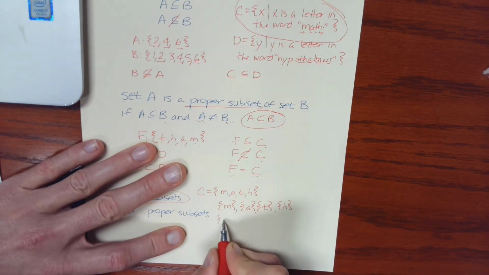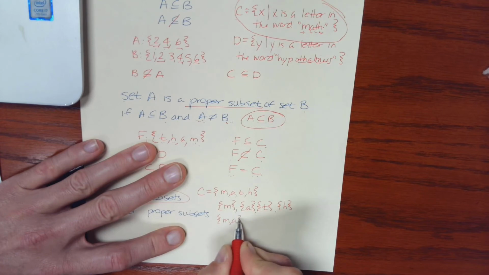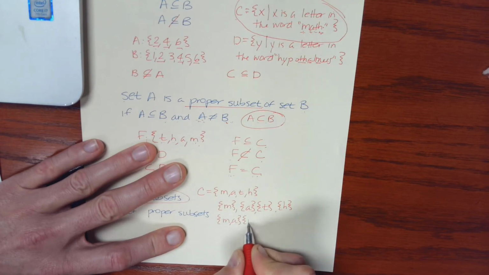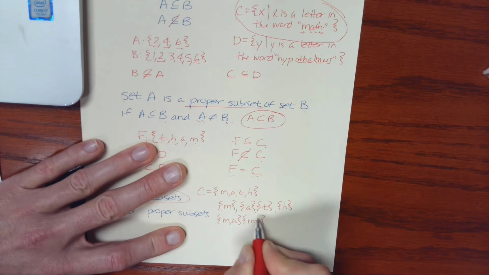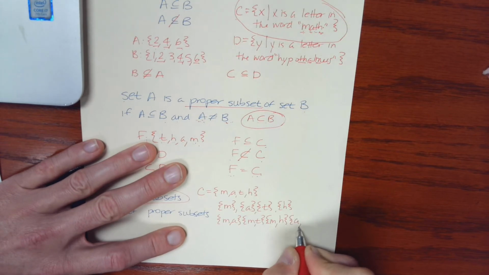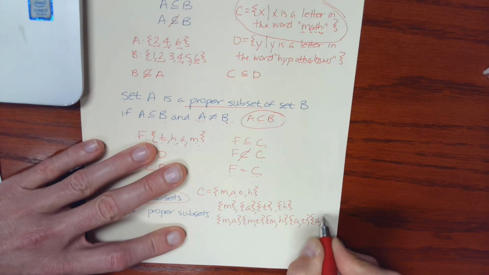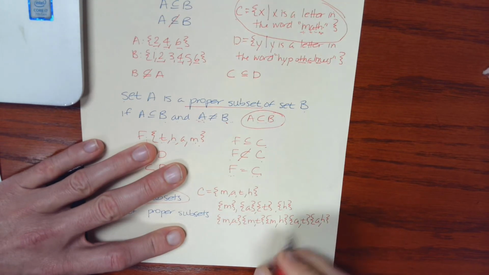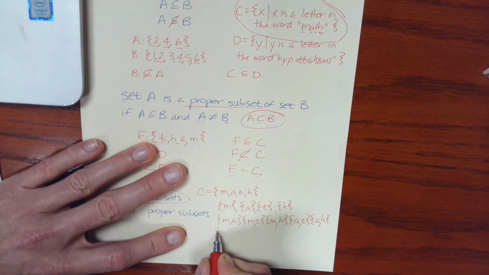And then we would have the two element subsets, MA, MT, MH, AT, and AH, and I'm running out of room here. Well, so for the two elements, and TH.